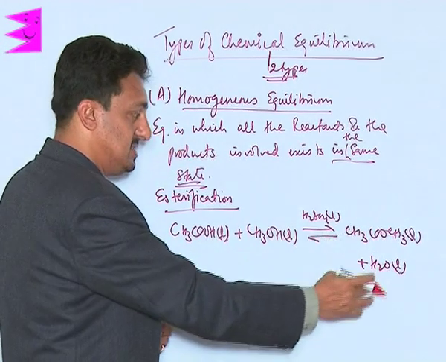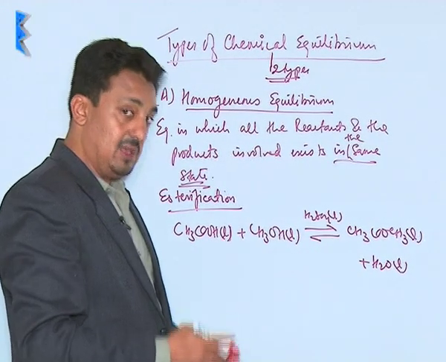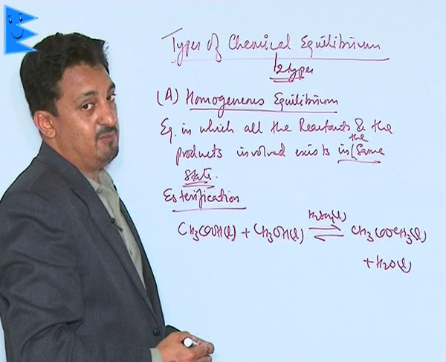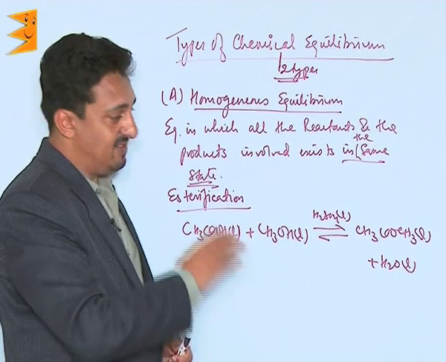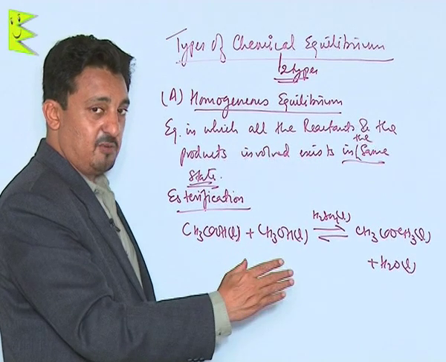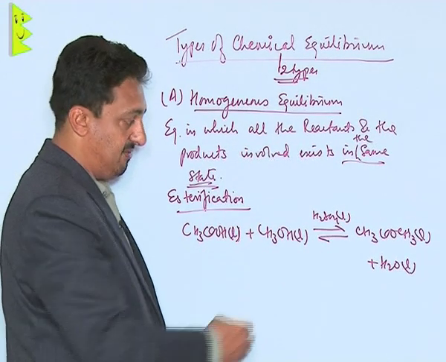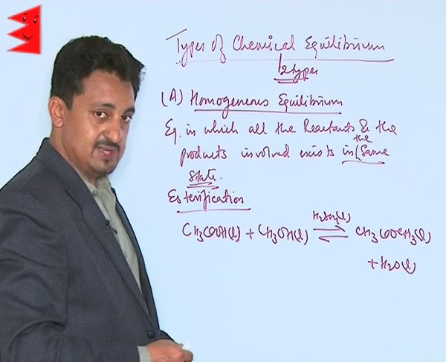Since all the reactants and the products involved are existing in the liquid state, it again is an example of homogeneous equilibrium. Homogeneous itself means the same state. All the reactants and products involved are in the same state, as has been seen in the following examples.